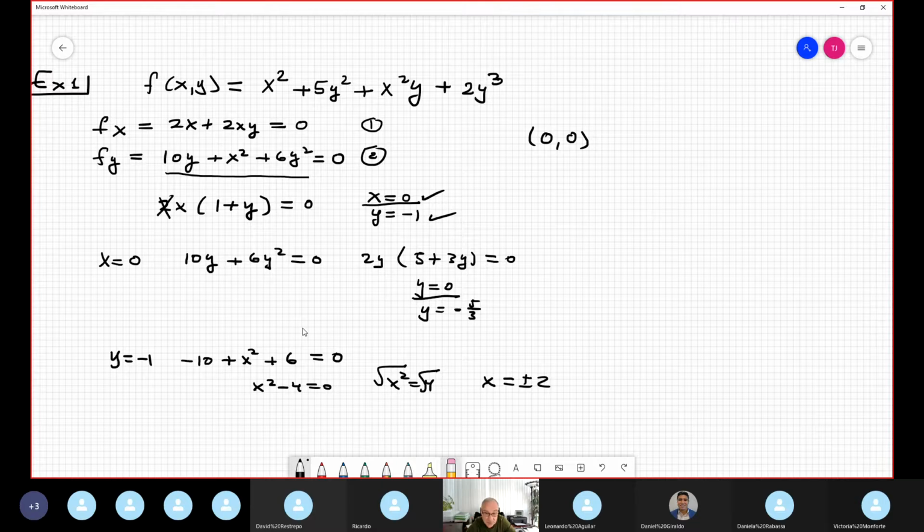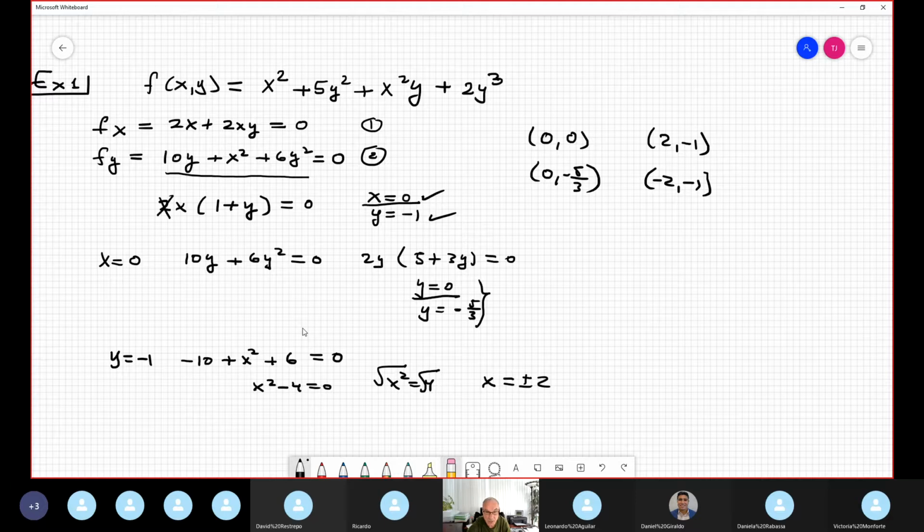Another critical point is 0, -5/3. I plug it in here, I get that value. And for y equals -1, x is 2 and -2. So another points are 2, -1 and -2, -1. Okay, do you understand where I come from with this?